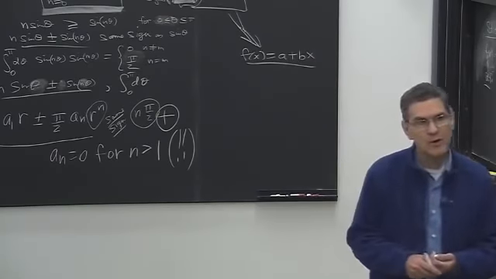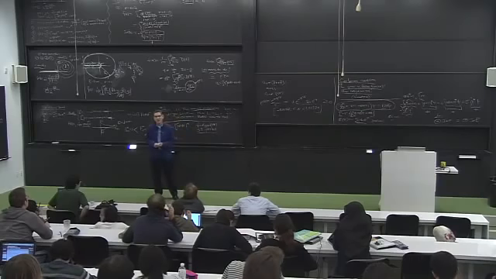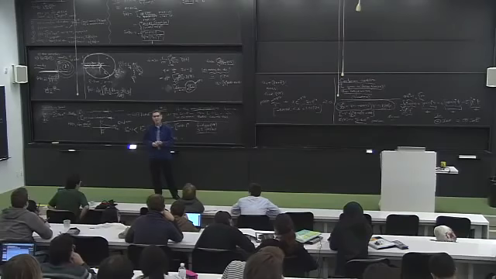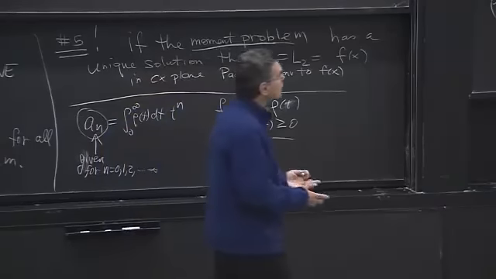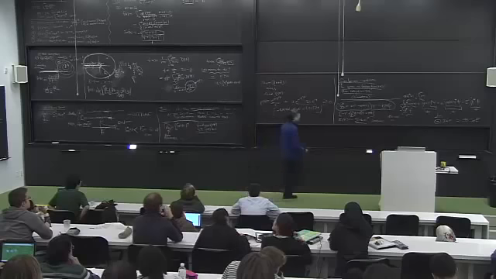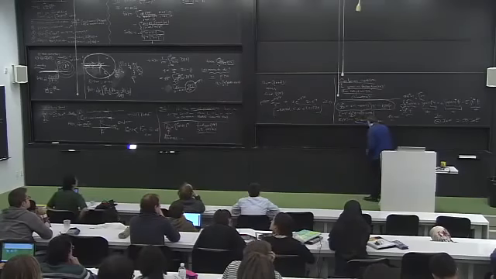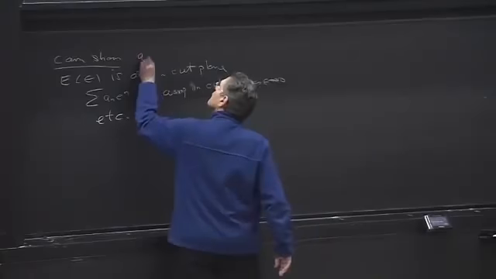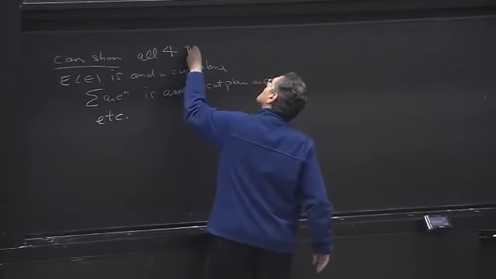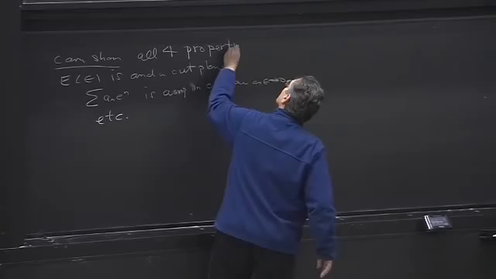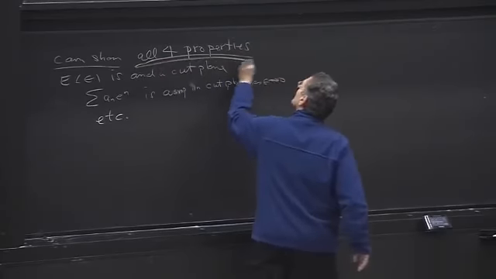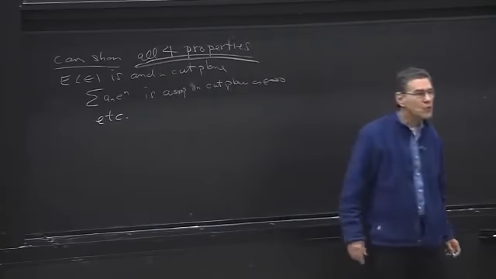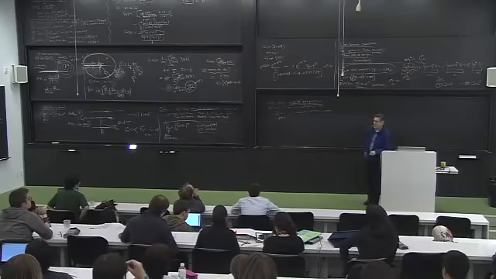Okay. However, there's one last thing. There's one last thing, and that's where I'm going to finish. Just because we know that all four of these properties hold, in physics you can prove all four of the properties.